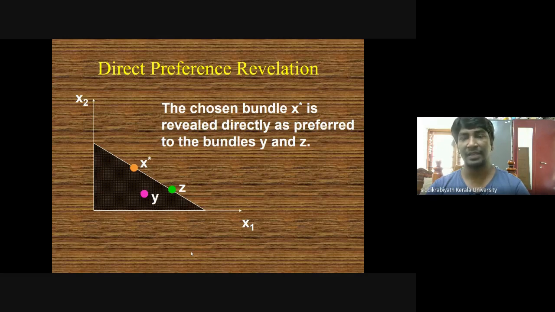So z is defeated by x star. This is what is called the direct revelation.